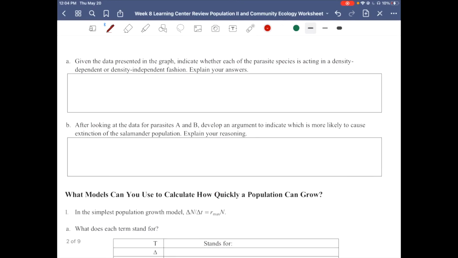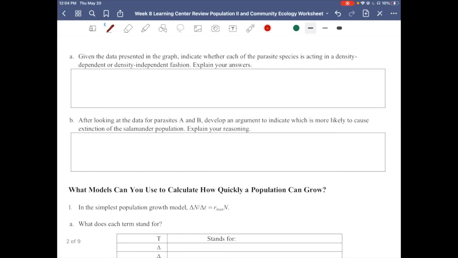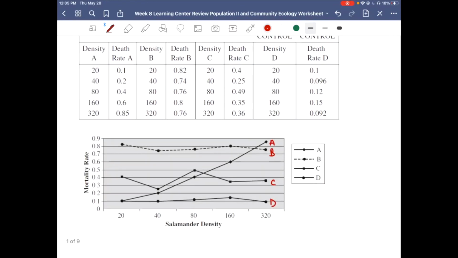So given the data presented in the graph, indicate whether each of the parasite species is acting density dependent or density independent. Can anyone tell me if A is density dependent or independent? So for A, since it varies based on population, we see that as the density increases, the mortality rate goes up.